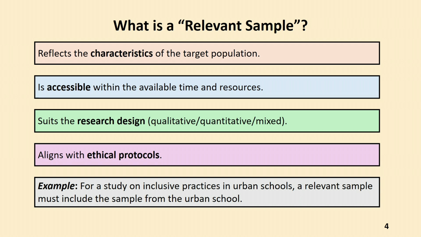Here intent means the research objective that you have defined. So if you are doing a study on inclusive practices in urban schools, then definitely you have to select a sample from urban schools. This is how we establish the relevancy of the sample.